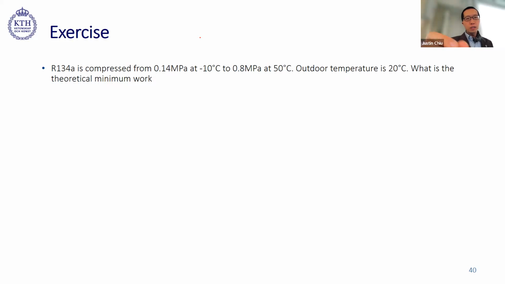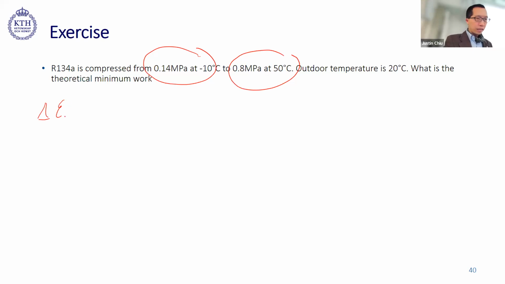When we have this kind of change from condition 1 to condition 2, if we just rewrite the equation of exergy for this system, this is an open system. So I rewrite the equation that I had before: H2 minus H1, for an open system, minus the exergy that is destroyed, T0 times S2 minus S1.